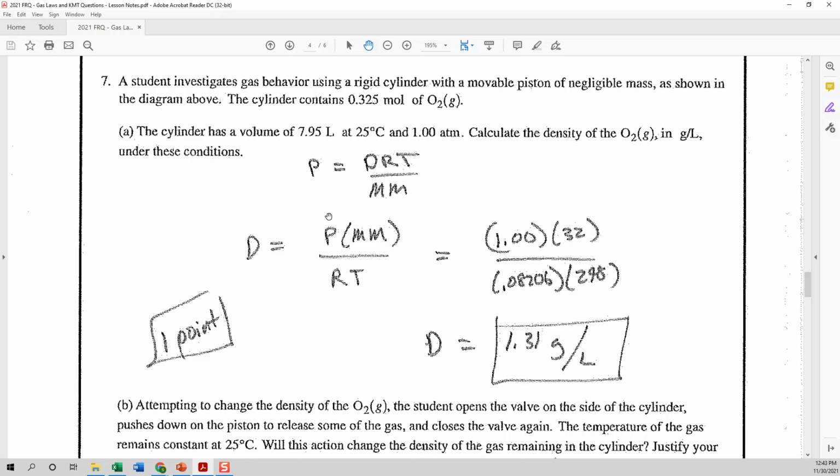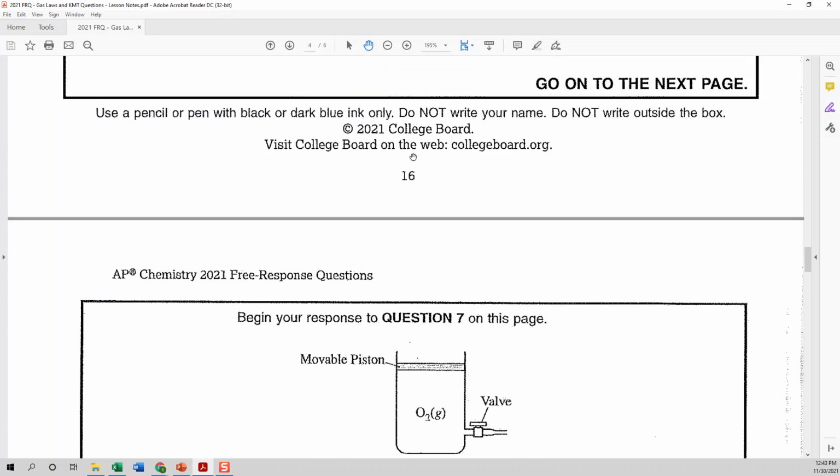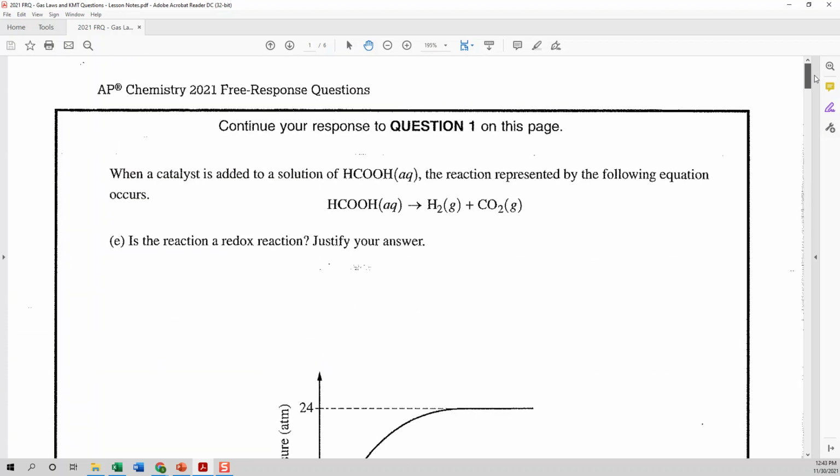So that'll save some time. And remember, on the multiple choice, you don't get a calculator. So anyway, hopefully that helps you out and helps you understand 3-1 and 3.